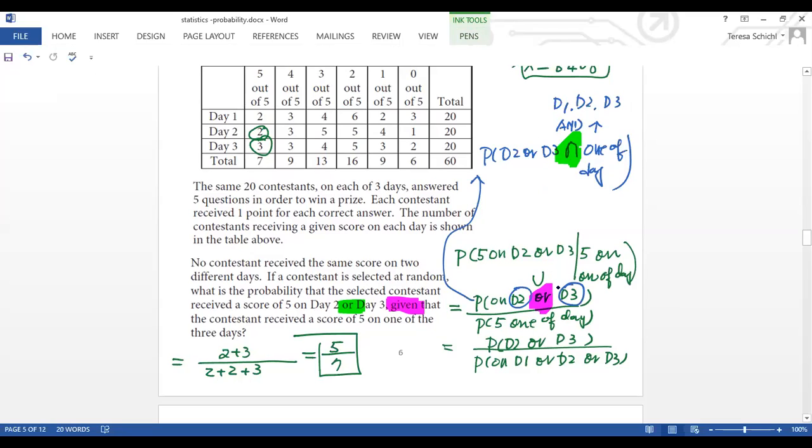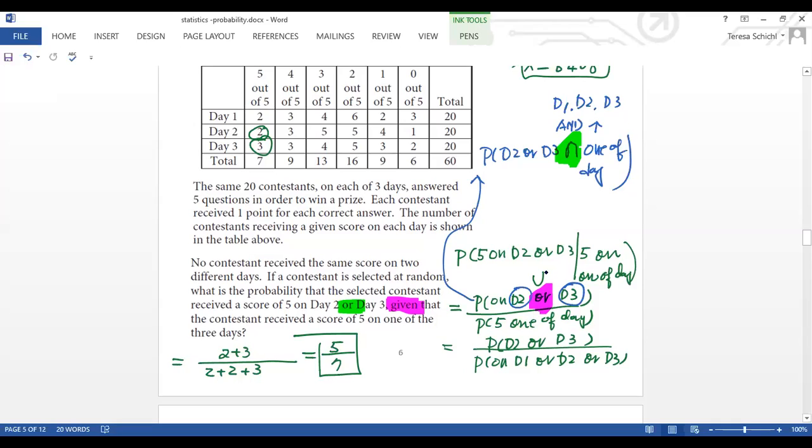This is what we call a conditional, so you need to see the keyword: given. Given that one of the days, which could be day 1, day 2, or day 3, and the top is day 2 or day 3. Over, or rather "or", means union, that means you add them here. So the answer is 5 over 7.